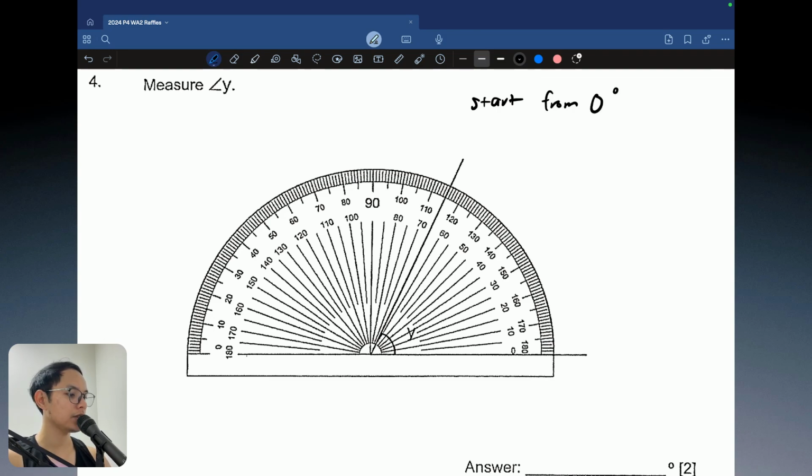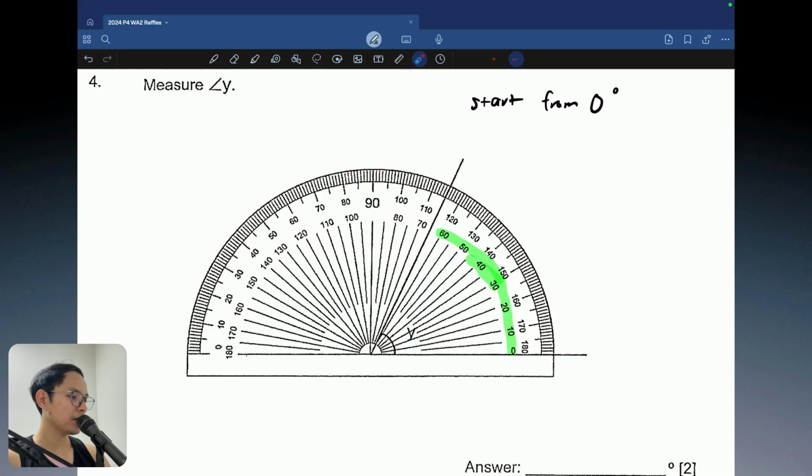We only care about this part over here, this 40, 30. We don't really care about the other numbers. So we start from 0, 10, 20, 30, 40, 50, and then it's between 60 and 70. You need to count what is the middle.